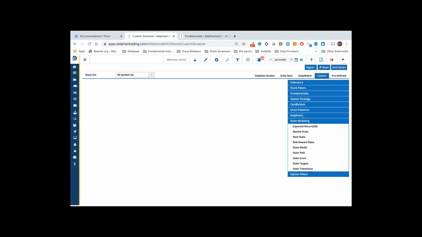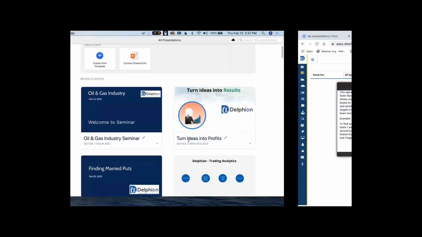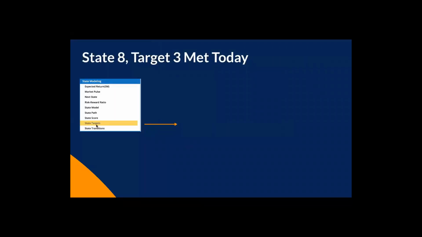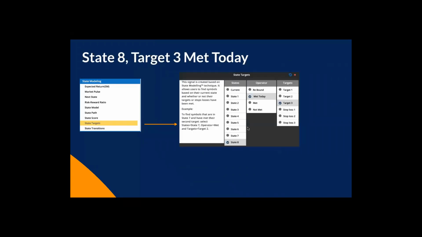In the state modeling here, you have these state targets, which is what we explained here. And this is the explanation we give.